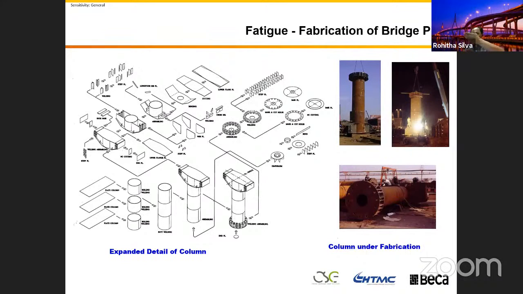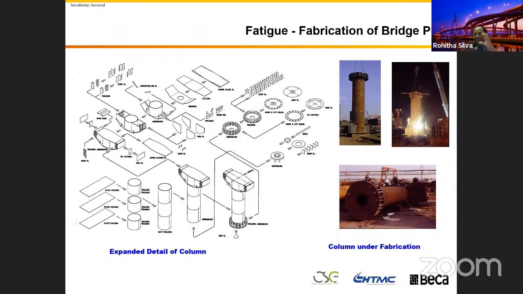If it is a weld between your web and a flange, the fillet weld will be subjected to shear stress. Those limitations are defined with pictures, because you don't want to imagine. You can just go to the correct picture, select that one, and they will give you the corresponding fatigue strength.